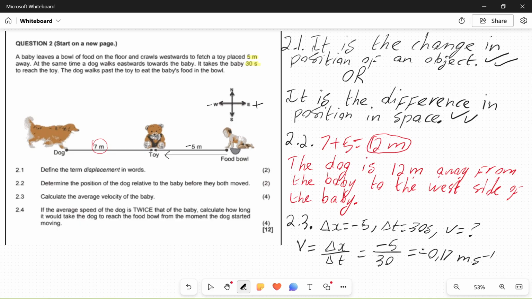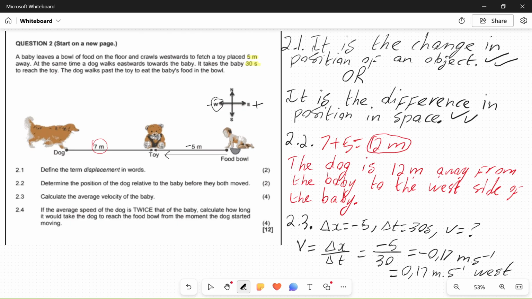And we said whatever that is negative will be moving towards the westerly direction. Remember that. So that means when I conclude here, I should say my answer is therefore 0.17 meters per second west. This is my answer.